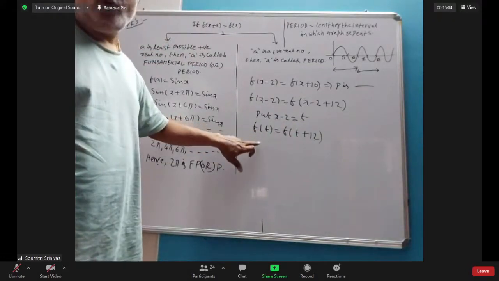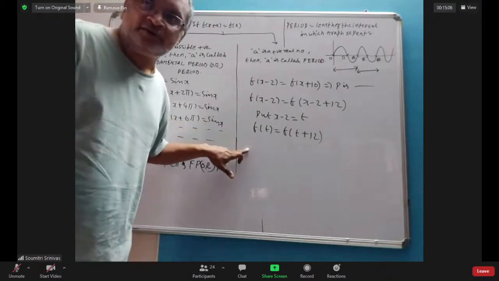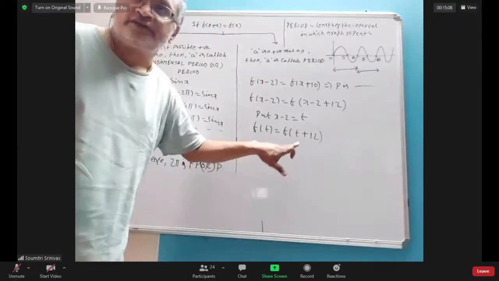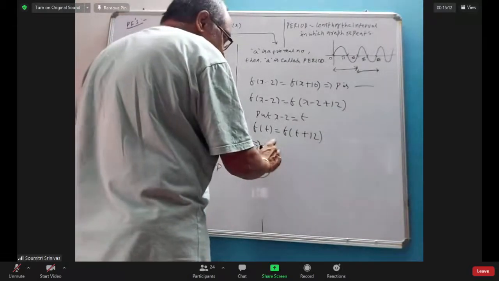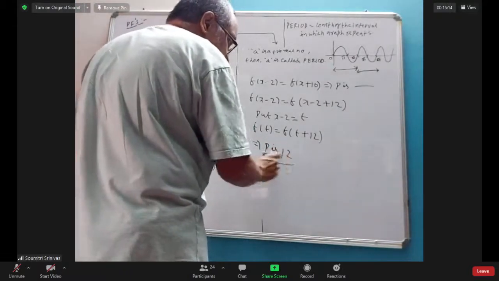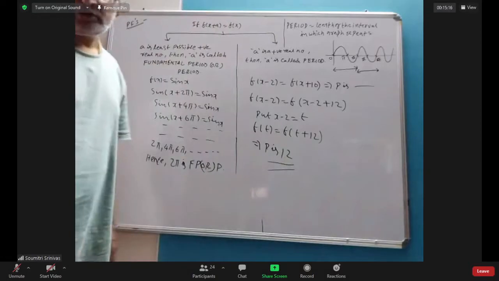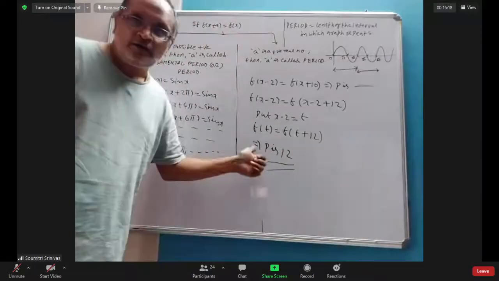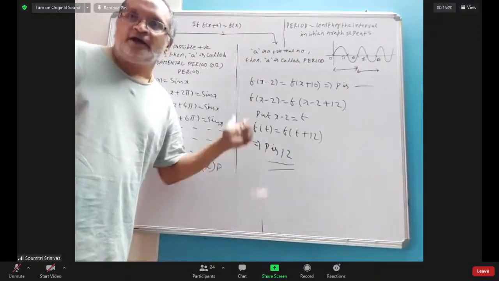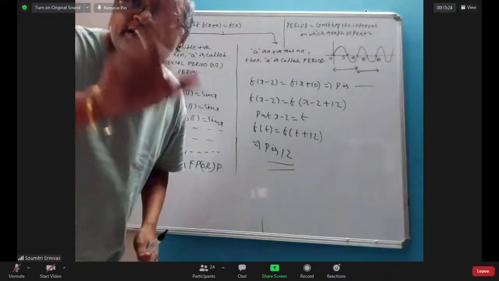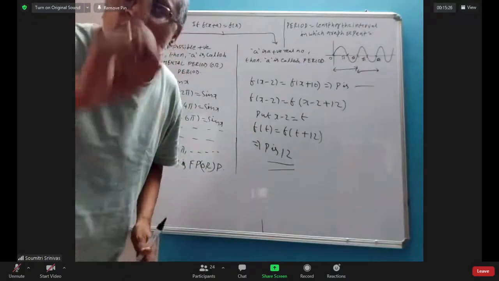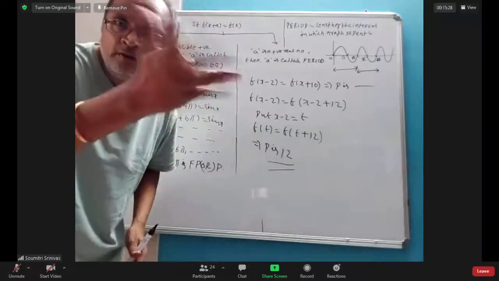In what form is this? f of t is equal to f of t plus a. So what's the period? 12. But can you say here 12 is the least possible positive real number?